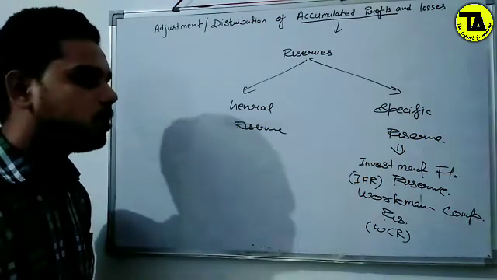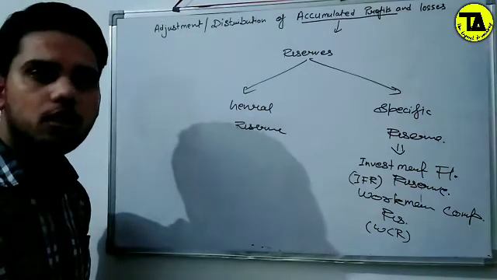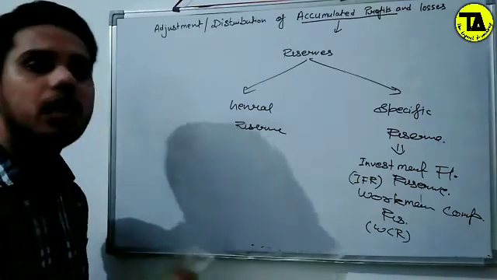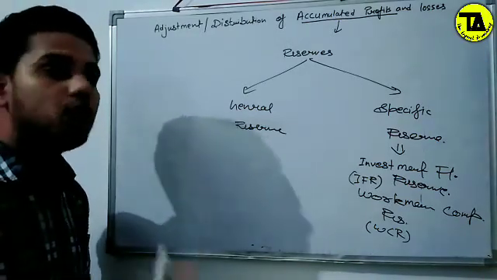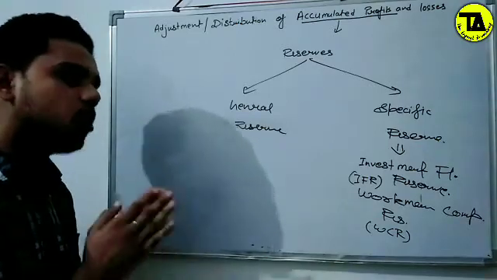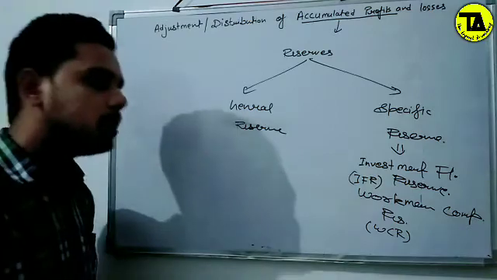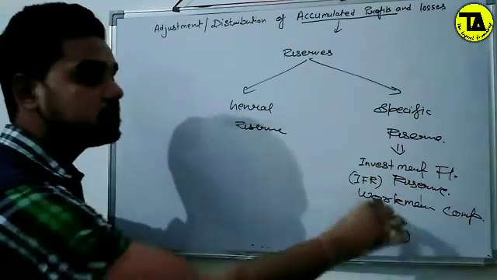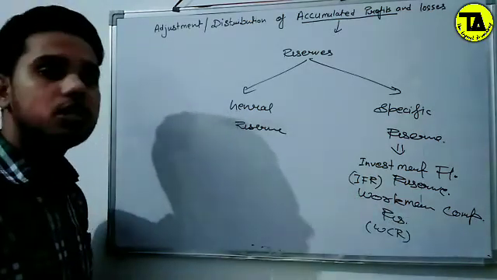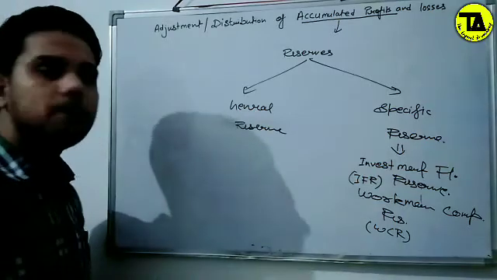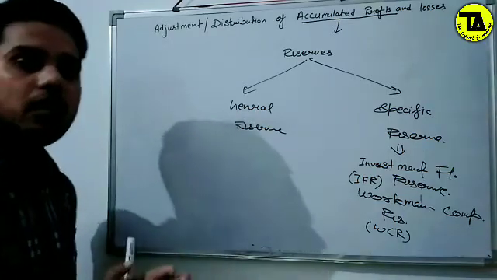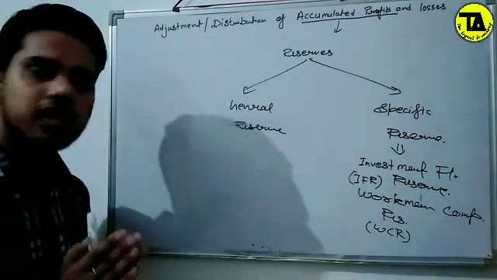So for example, if a worker got injured, the company will pay a compensation to him, and for that compensation company has already created a reserve, workman compensation reserve. So here for workman compensation reserve, a specific liability or a specific purpose is assigned.